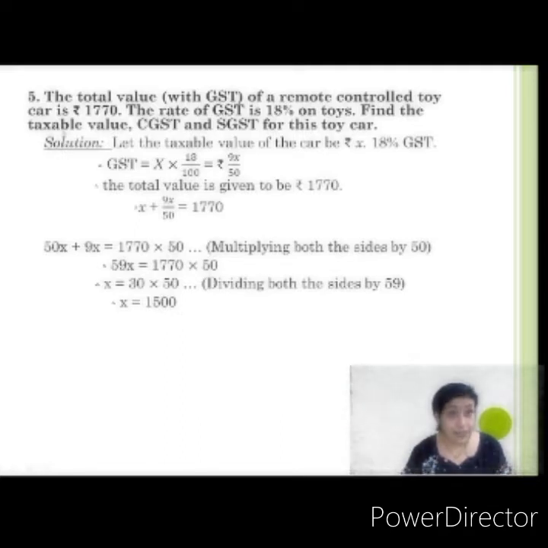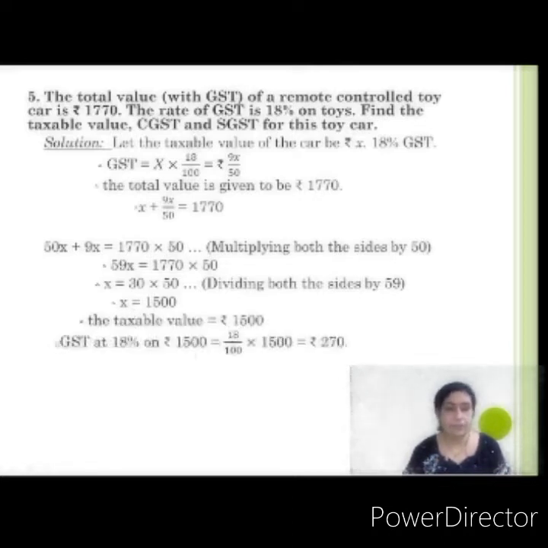X is what? Taxable value. So you found it, the taxable value is rupees 1500. Now GST is at 18%. So 18% of 1500 becomes 270 rupees. You calculate GST on the taxable value. So that becomes 270 rupees.